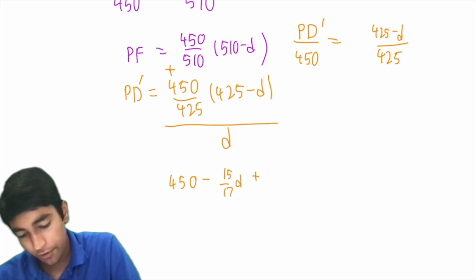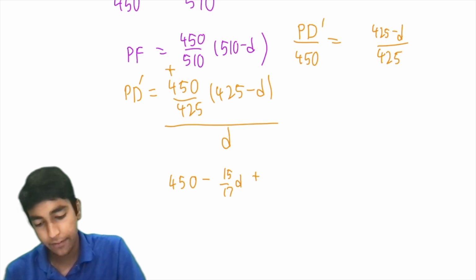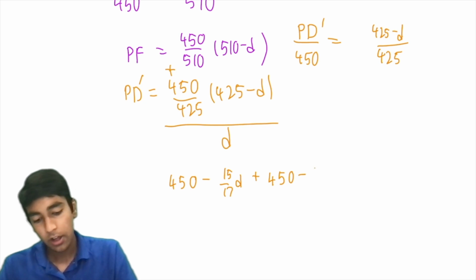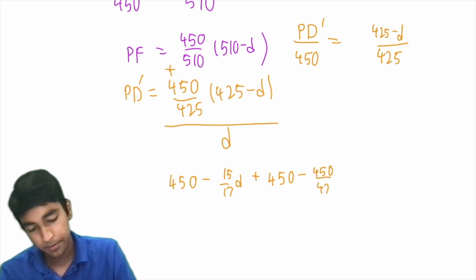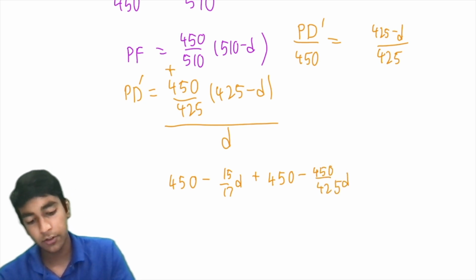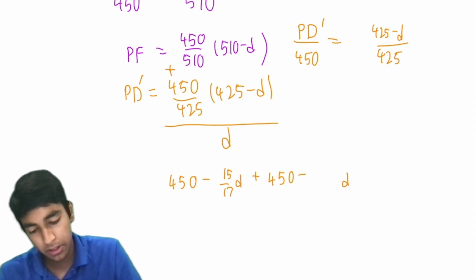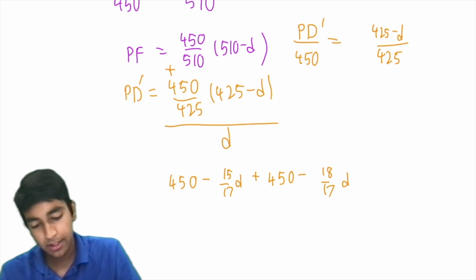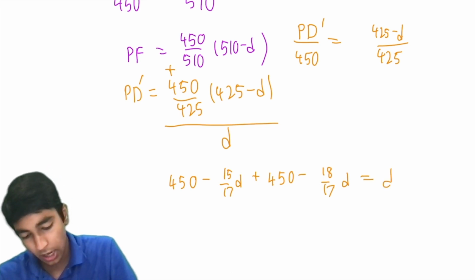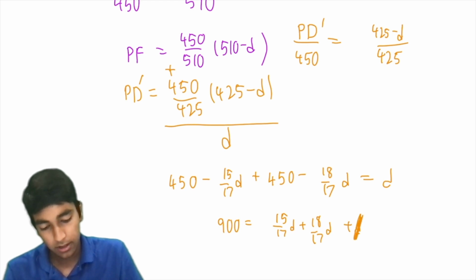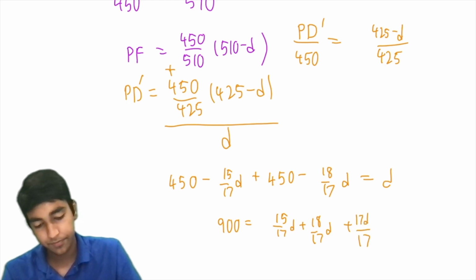Plus 450 over 425 times 425, which is again 450, minus 450 over 425D. And 450 over 425 is just 18 over 17 when we divide by 25 in the numerator and denominator. And this is D. So that means 900 equals 15 over 17D plus 18 over 17D plus D itself, which is just 17D over 17.